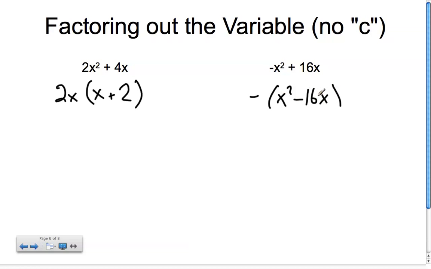This is not a difference of squares. It's a difference, certainly, but this is not a perfect square, which means I can't factor it using a difference of squares. However, they both have x's in them, so I'm going to pull the x out of both of them. Here we go. I'm left with just an x here, and I'm left with just a 16 there. There we have it. Factored.